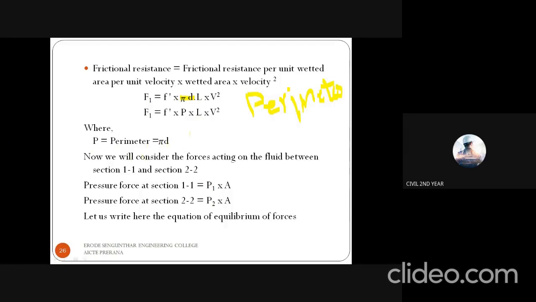Now we will consider the forces acting on the fluid between section 1-1 and section 2-2. The pressure force at section 1 is P1 into A, and the pressure force at section 2 is P2 into A. Let us write the equation of equilibrium of forces. P1 A minus P2 A minus F1 equals 0.